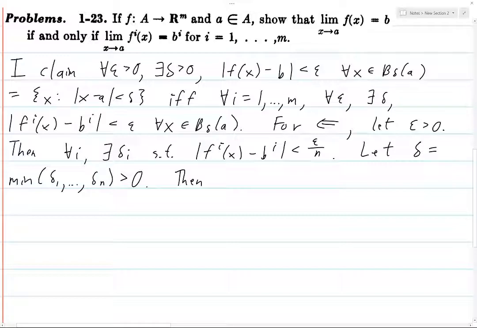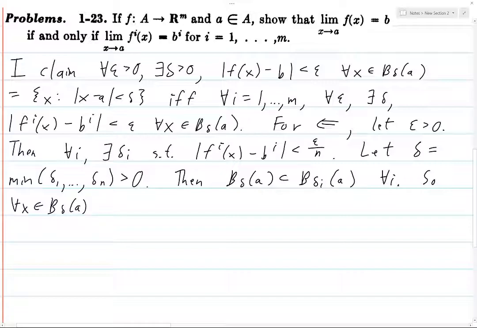Then the ball of radius delta centered at a is going to be contained in the ball of radius delta_i centered at a for all i. So then for every single x in this delta ball, what's the difference between f of x and b?